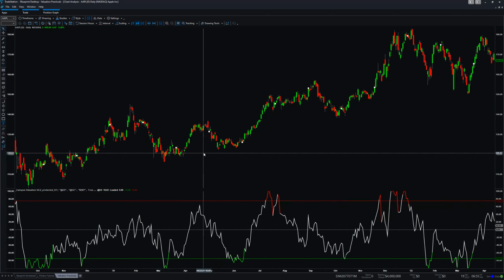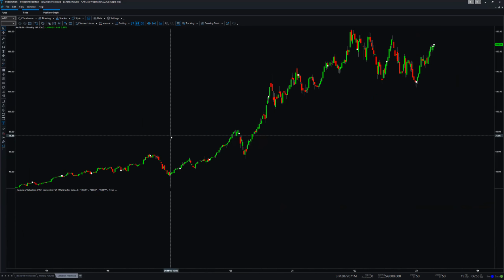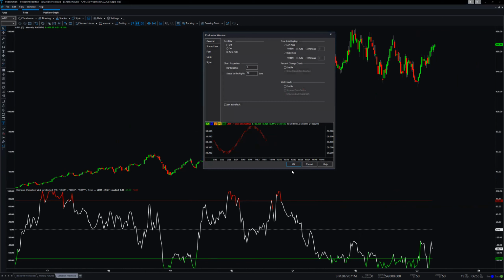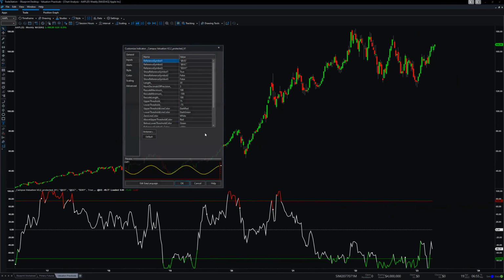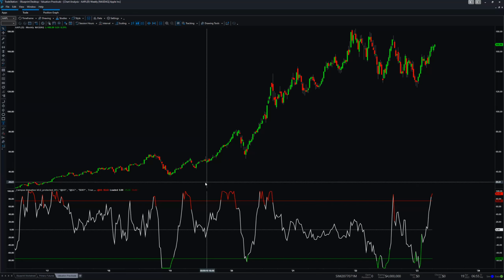And so what we can do is move to the weekly. And as we move to the weekly, what we would also do is look at a 13-week period. Okay, we would look at a 13-week period.